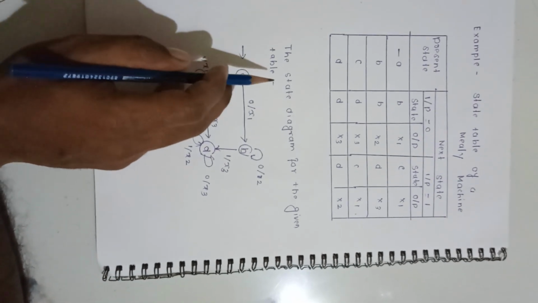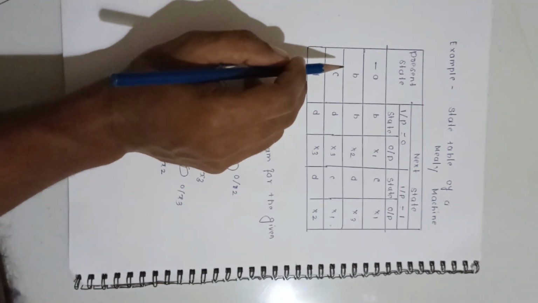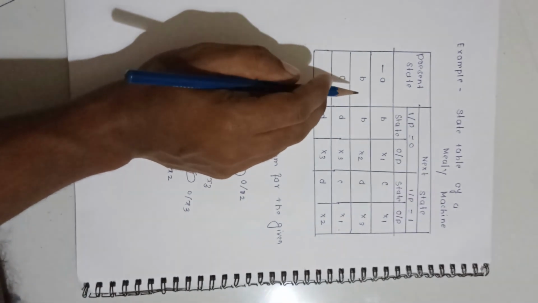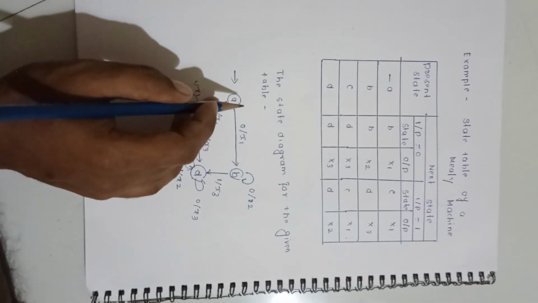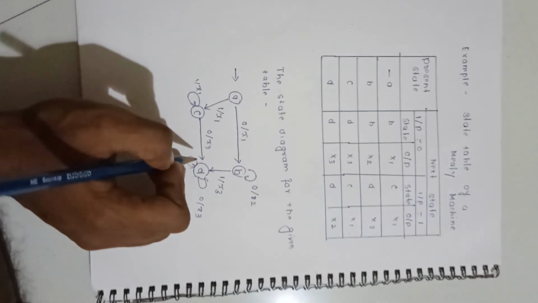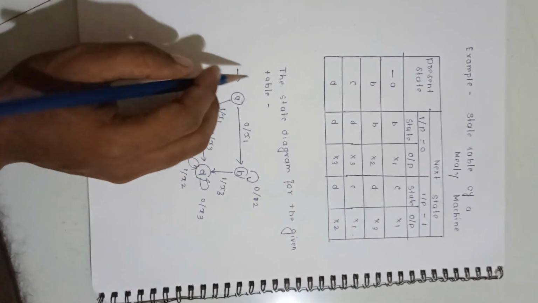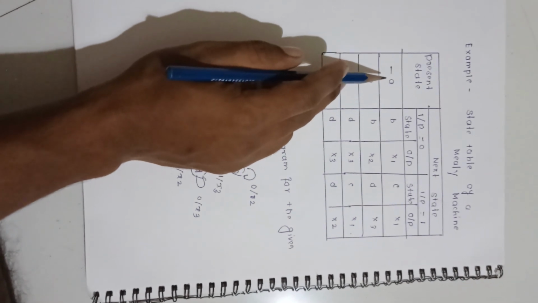As you see, we have four states, so let's draw the four states A, B, C and D, where A is the starting state.